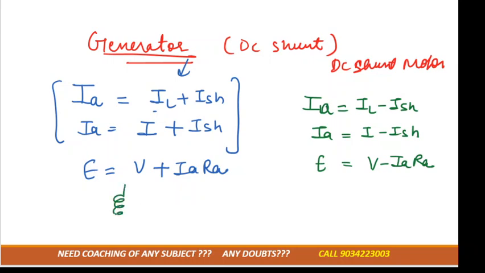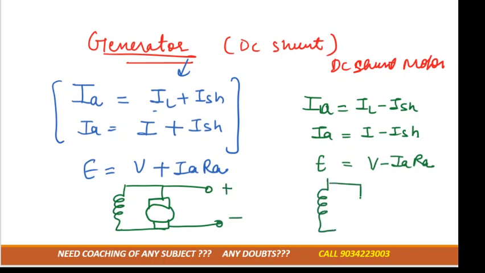Now see what is the difference between the generator and the motor. In the DC shunt motor, we have the shunt winding and the armature, this circle is the armature.